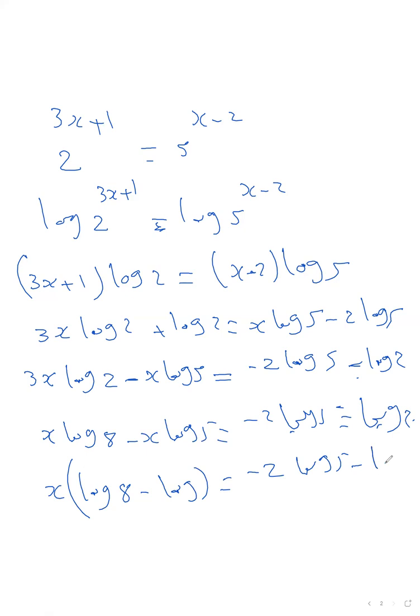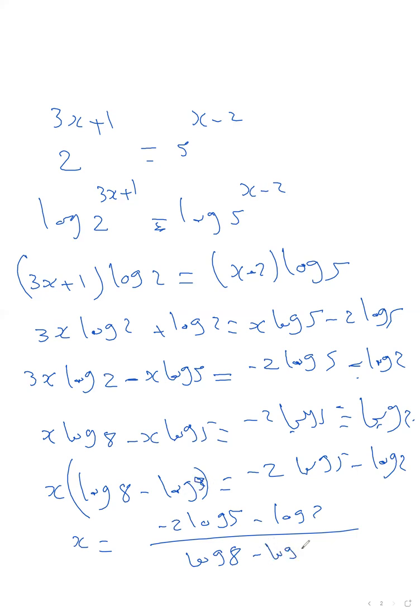Find the value of x: negative 2 log 5 minus log 2 divided by log 8 minus log 5, and find the value by using the calculator.